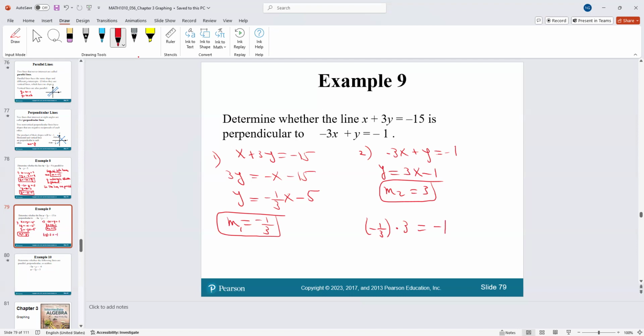Yes, because these two slopes are negative reciprocals, and so the lines are perpendicular, because the product of the two slopes is negative 1. The lines are perpendicular.